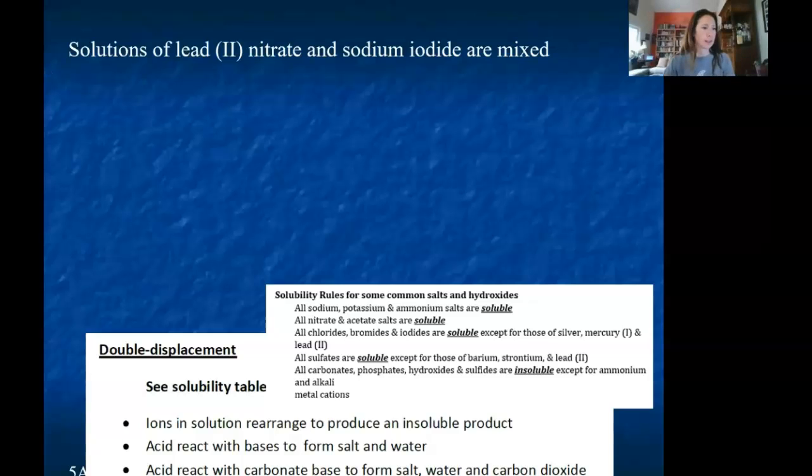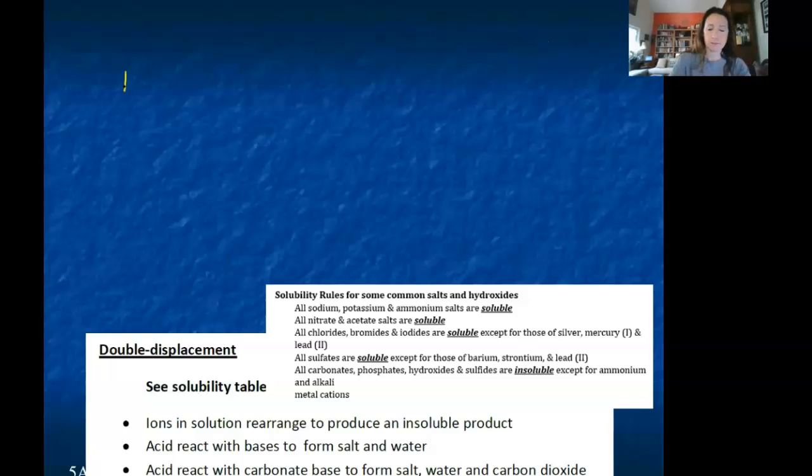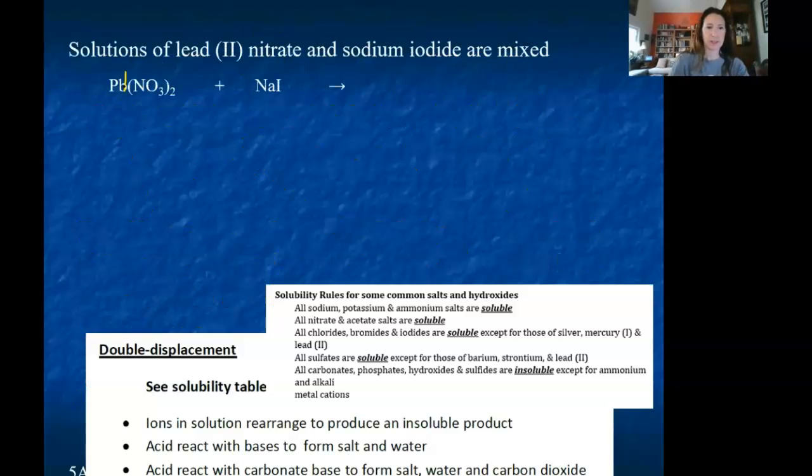Okay, let's go over this. Lead nitrate, sodium iodide. Maybe, hold on. PbNO3 plus sodium iodide.